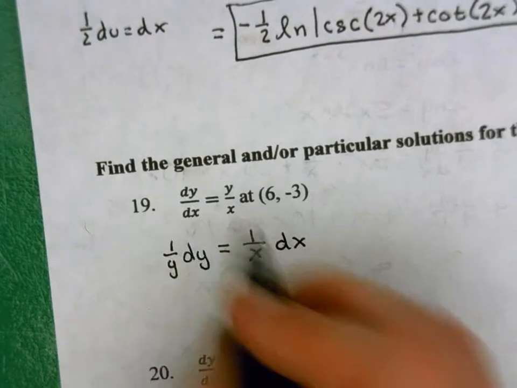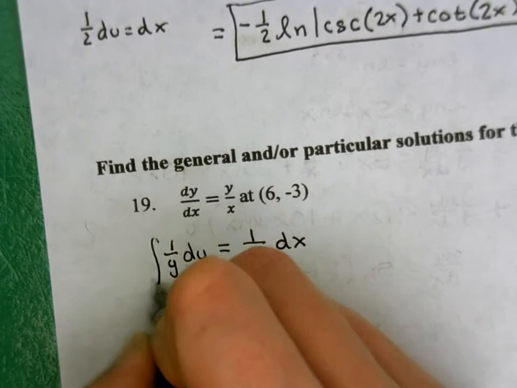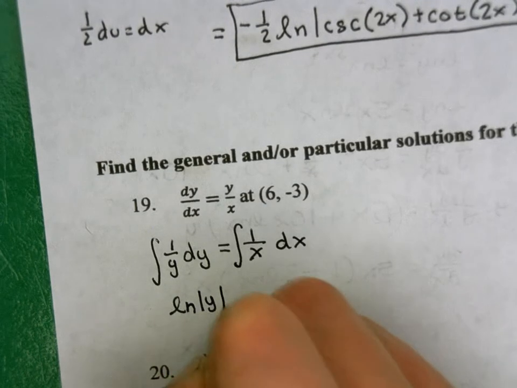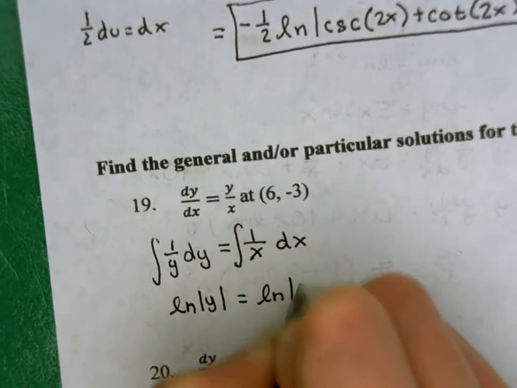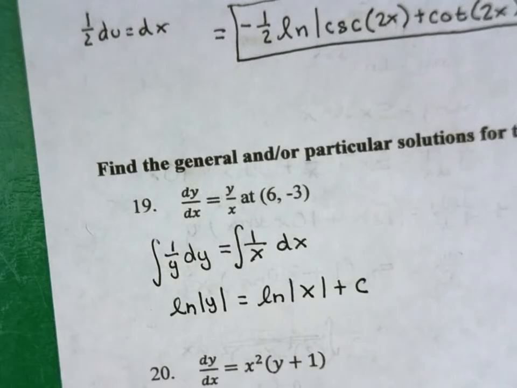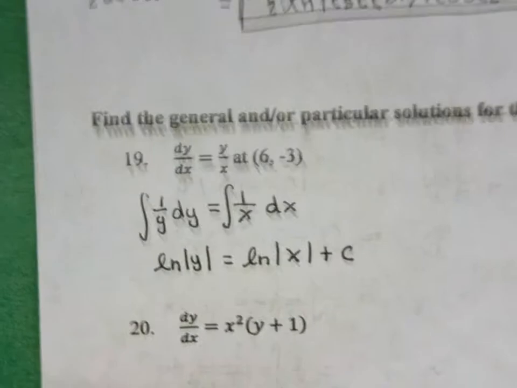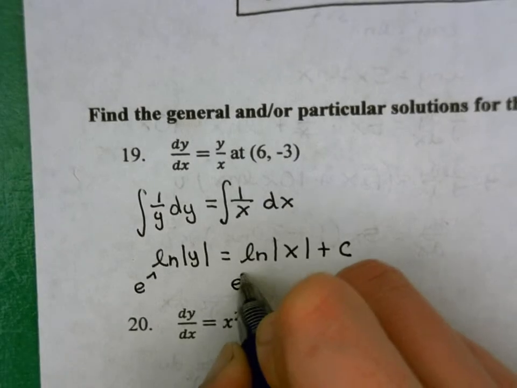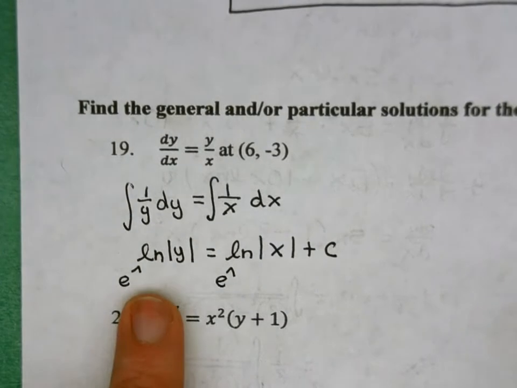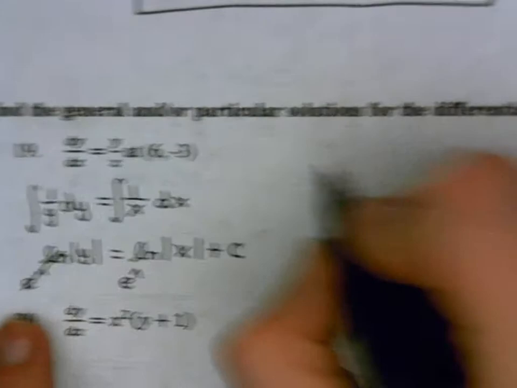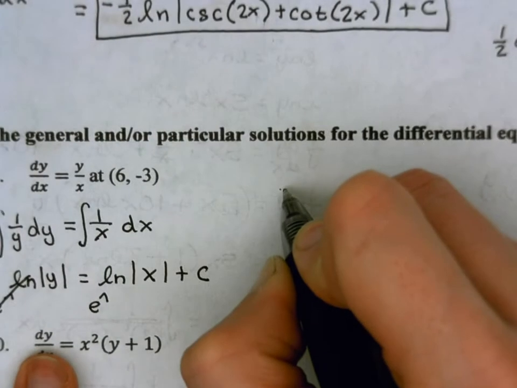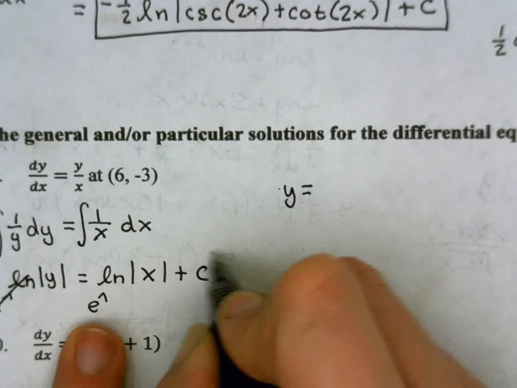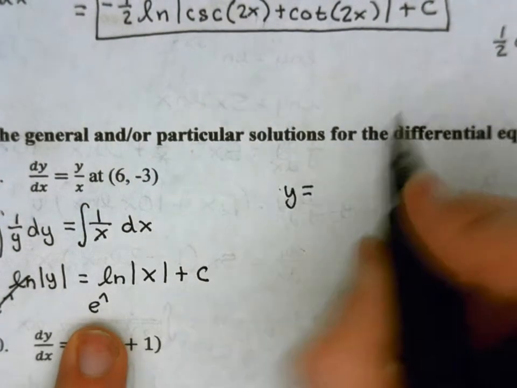Okay, and so then integrating, taking the integral, we have natural log of the absolute value of y equals the natural log of the absolute value of x plus c. And then we're going to go ahead and solve for y by raising everything to the e. So the e and the natural log are going to cancel each other. We have y equals, okay, this plus c, because of our exponent rules, is going to come down and become c.